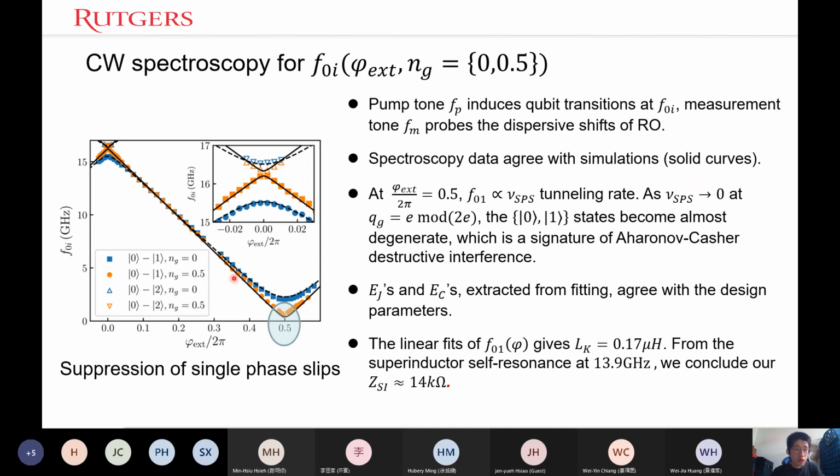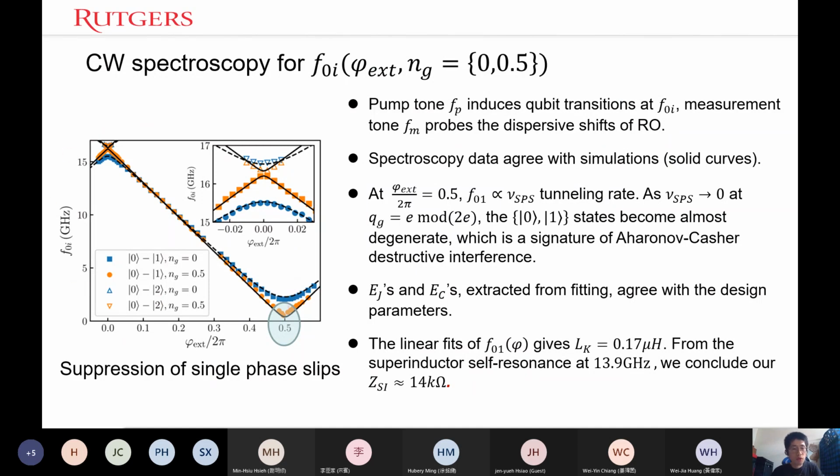And as this orange curve approaches 0 at 0.5, which is phi external equal to pi, and also a gate charge equal to 1e (we have 0.5 of 2e, so it's 1e here), the 0-1 states become almost degenerate, which is a signature of this Aharonov-Casher effect. EJ and EC are extracted from the fittings, and they also agree well with design parameters.